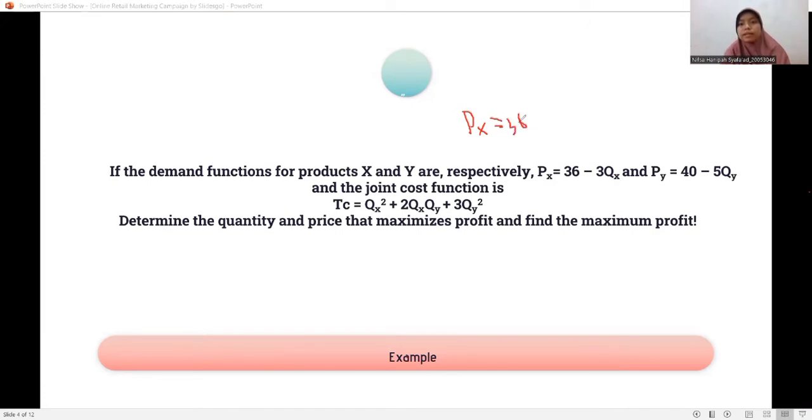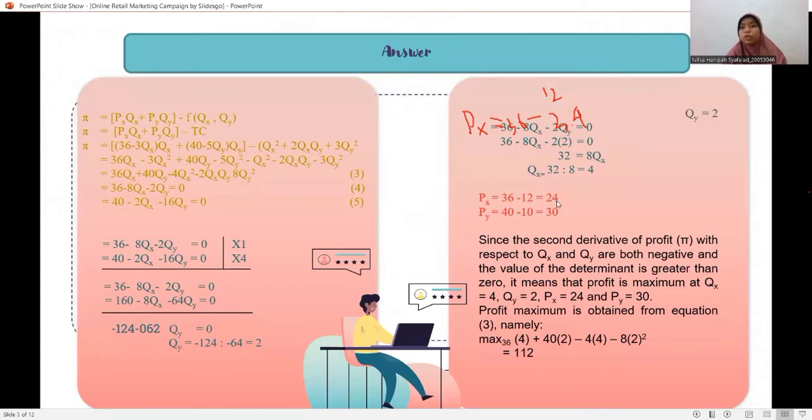So 36 minus 3 times Qx, which is 4. The result is 12. Because of that, we write here Px is 24: Px is 36 minus 12 equals 24.